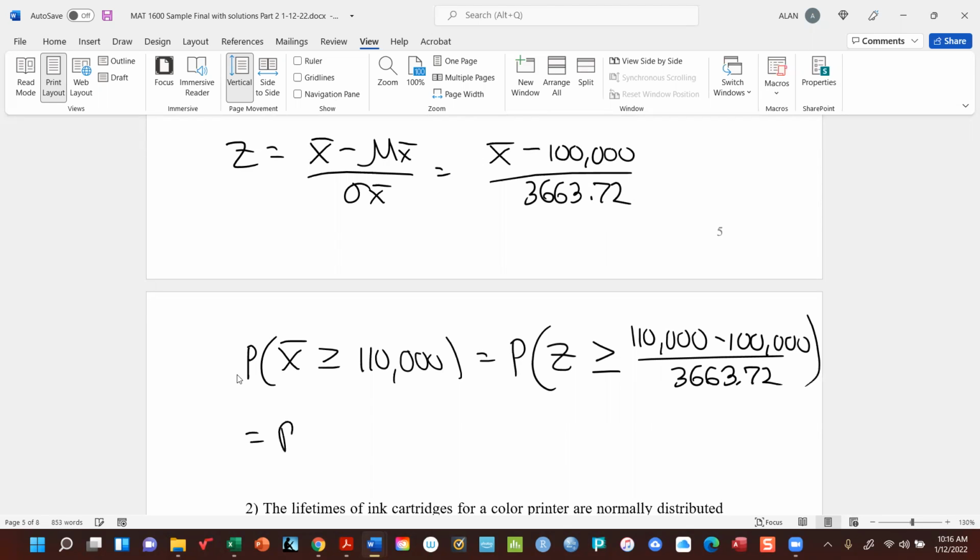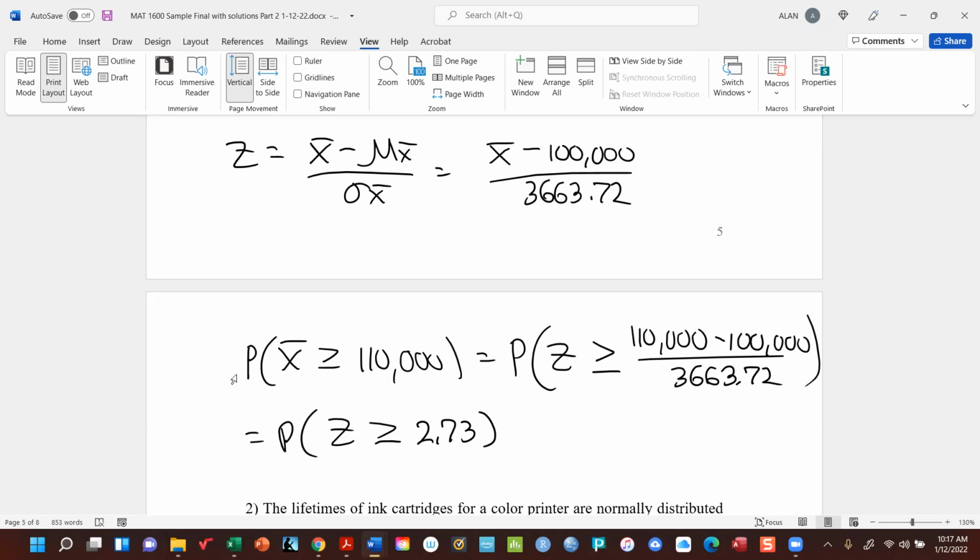And this is the same thing as saying, what is the probability that Z is greater than or equal to 2.73, let's say. And again, obviously that's an approximation, but that's close enough. And of course, as usual, when we're using tables, we have to round this to 2 decimal places. Yeah, it's 2.729 something. That's fine.